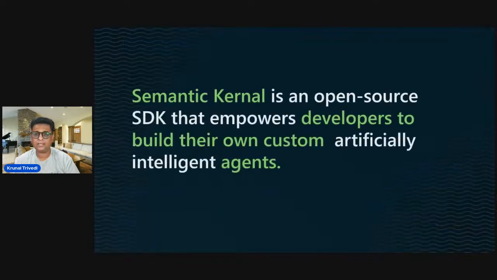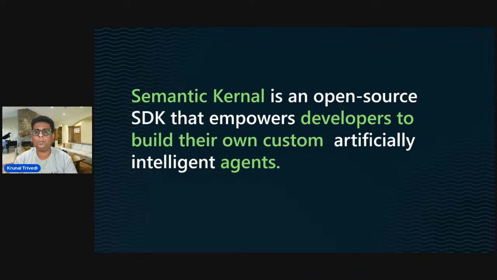So again, as I told you, Semantic Kernel is an open source SDK that empowers developers to build their own custom AI agent. By combining LLM with native code, developers can create AI agents that understand and respond to natural language prompts to complete a variety of tasks.